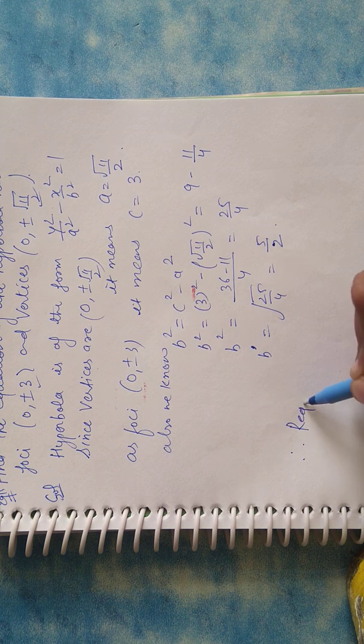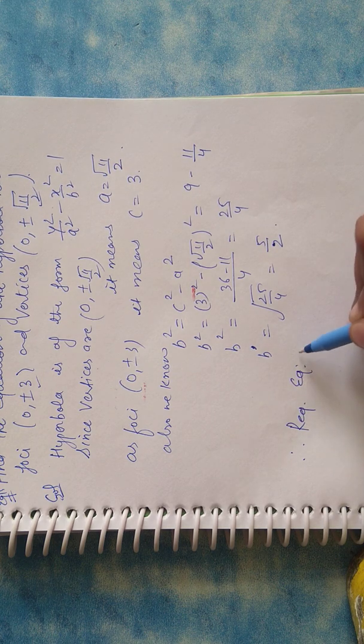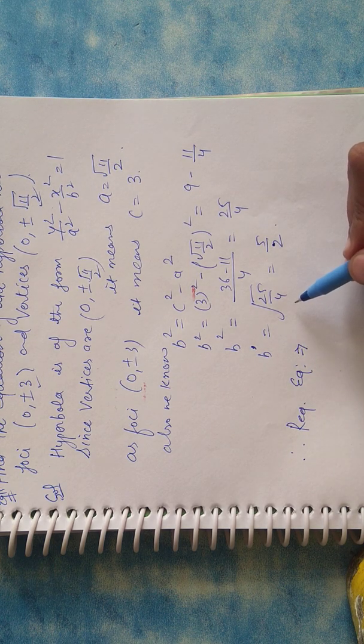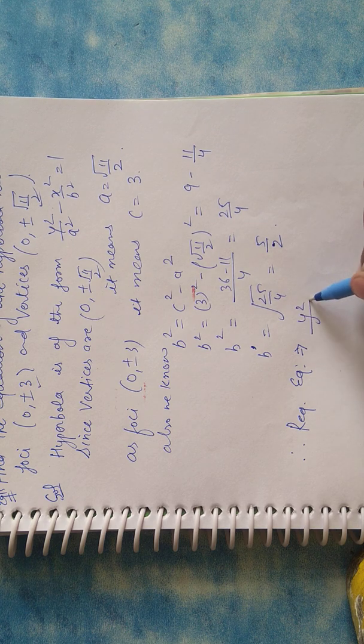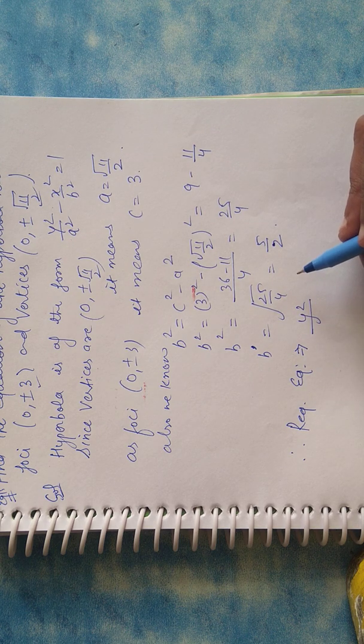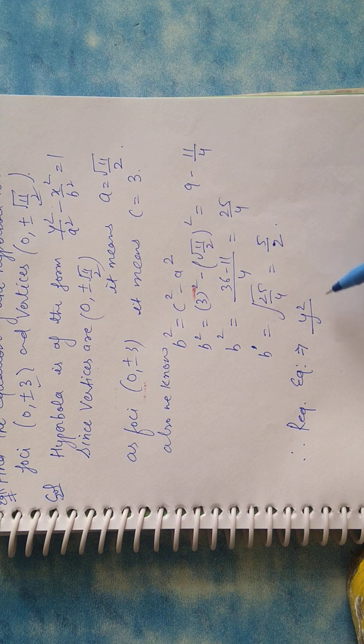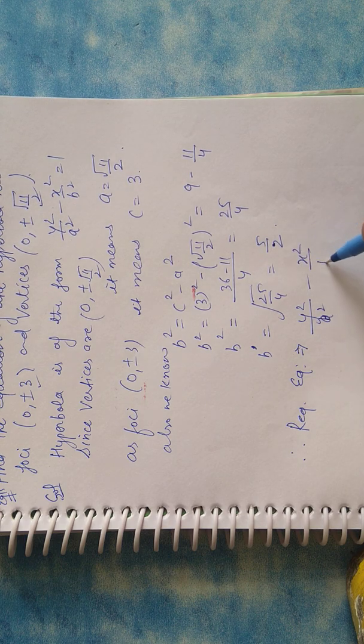Therefore the required equation is y square upon a square minus x square upon b square is equal to 1.